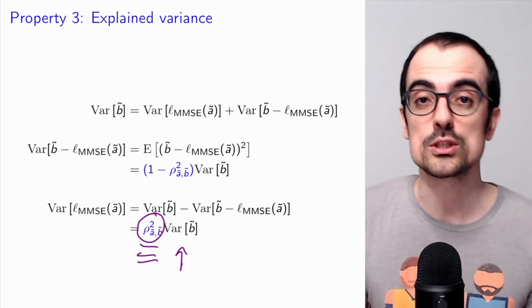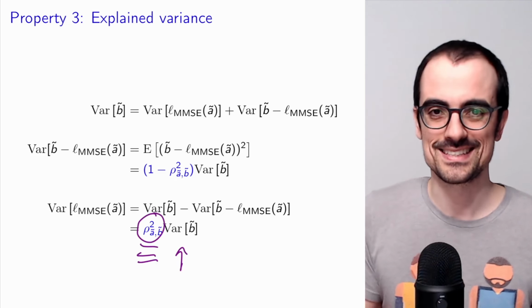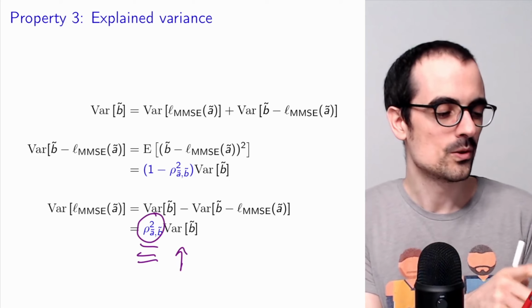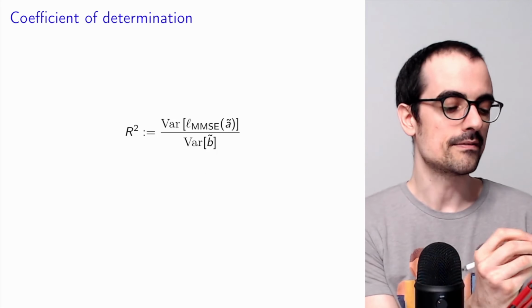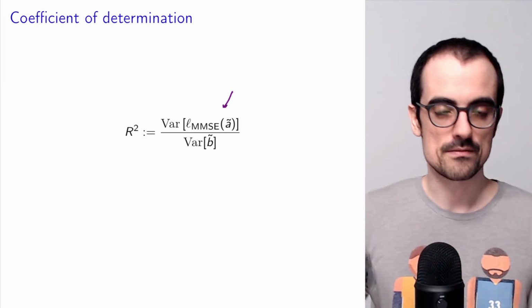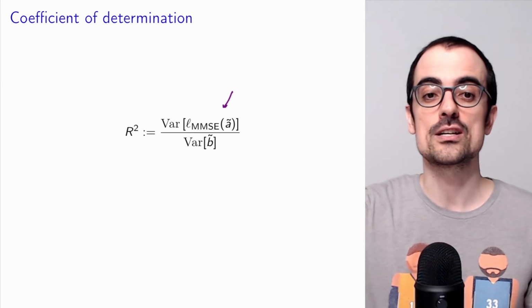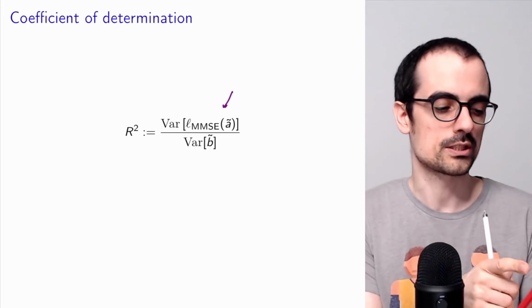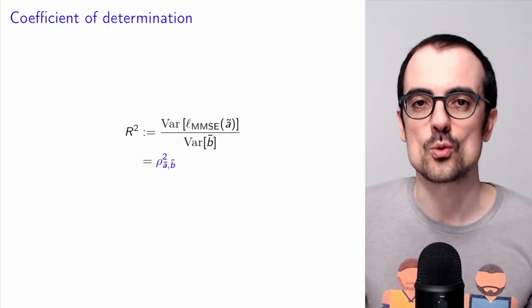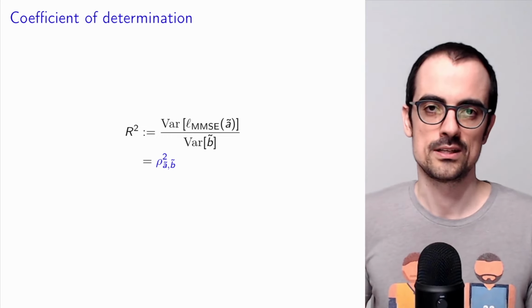That is so important that it has a name. It's its own metric in statistics, which is the R squared, or the coefficient of determination. It's defined as the variance of the best linear estimator divided by the variance of the variable that you want to approximate. And it's exactly equal to the square of the correlation coefficient.